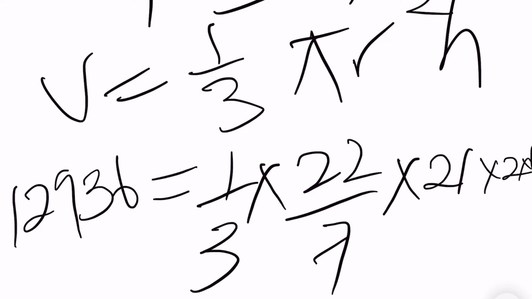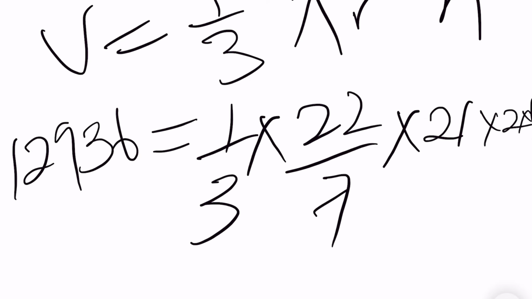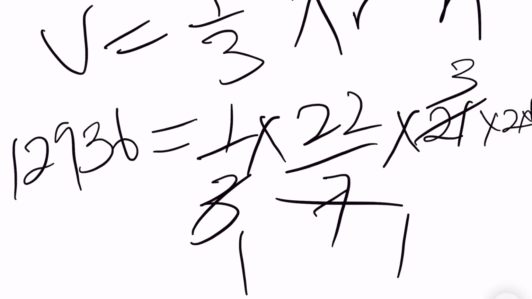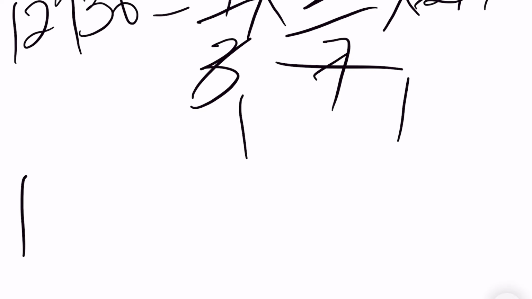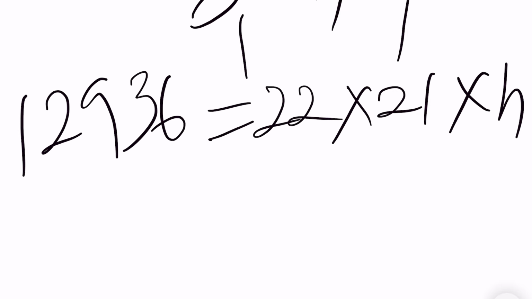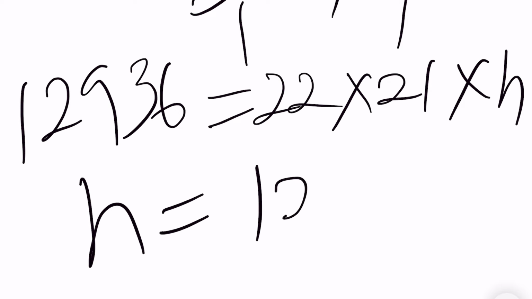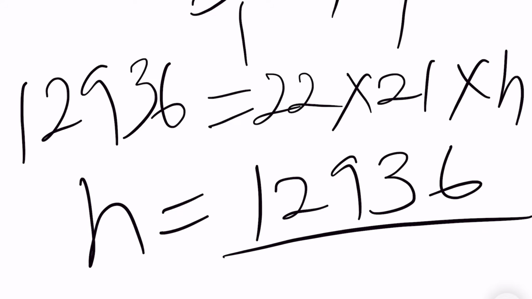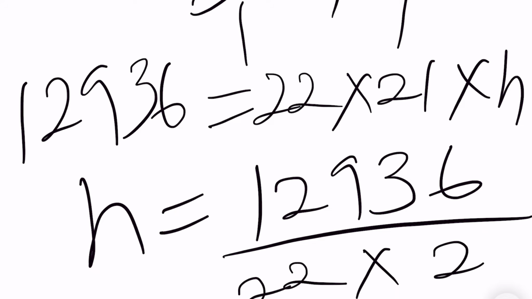We have to look for the slant height, but first we have to look for h. So we have 7 here, 1; 7 here is 3, 3 here, 1 here is 3. So we have 12936 equals 22 times 21 times h. So we have our h to be 12936 over 22 times 21.